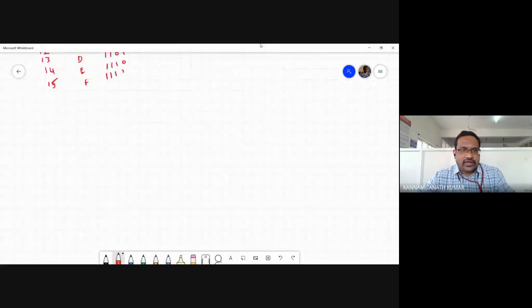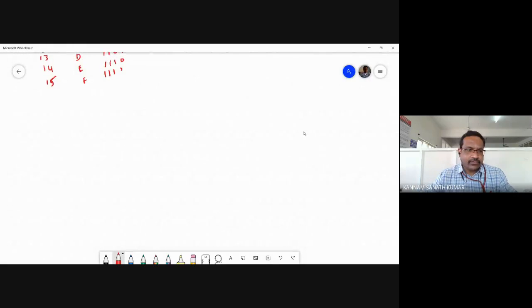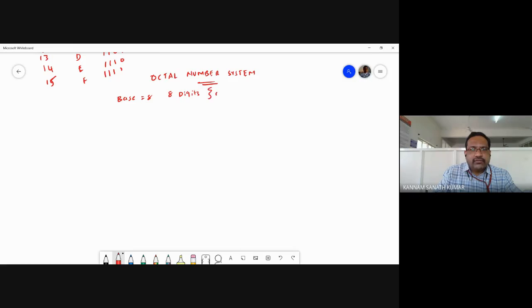So if you see the octal number system, what is the base for the octal number system? Base is 8. And how many digits are there? 8 digits are there: 0, 1, 2, 3, 4, 5, 6 and 7.